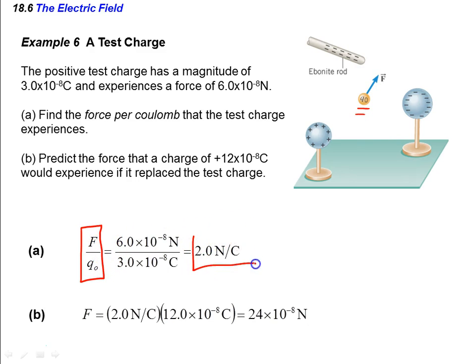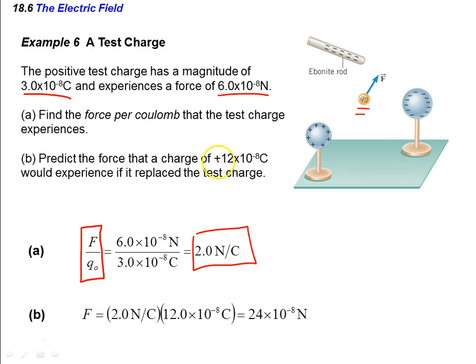It gives us this 2 newtons per coulomb. So in this situation, we have a 3 times 10 to the negative 8th coulombs that's experiencing this 6 times 10 to the negative 8th newtons. And this ratio of force per coulomb gives us the strength of the field that it is sitting in.